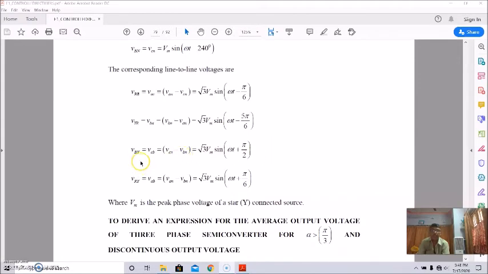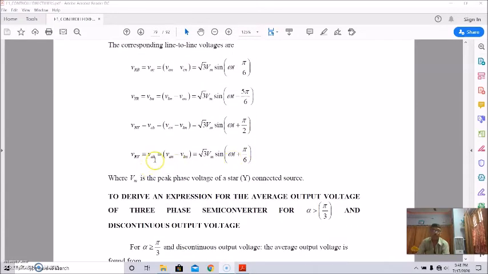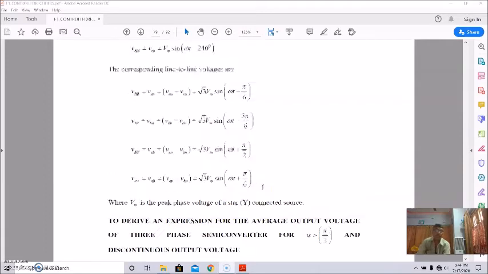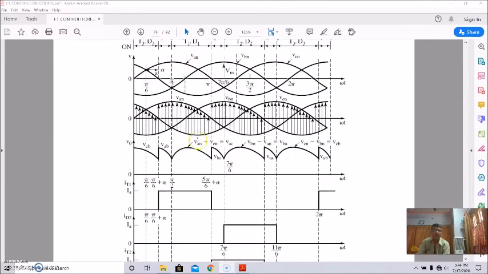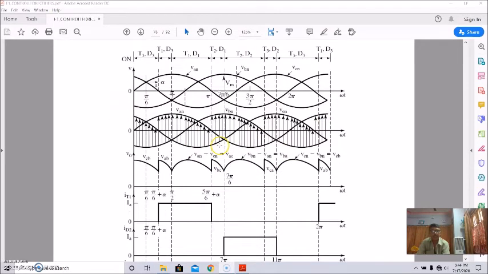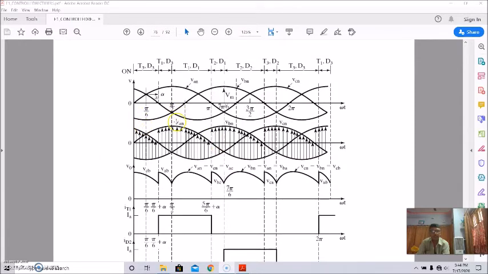VBY, equal to VCB, that is VCN minus VBN, equal to root 3 Vm sin omega t plus pi by 2. And VRY, equal to VAB, equal to VAN minus VBN, is root 3 Vm sin omega t plus pi by 6, where Vm is the peak phase voltage of a star connected source. These are explained here in this waveform diagram, from which you can also get the expressions mathematically.